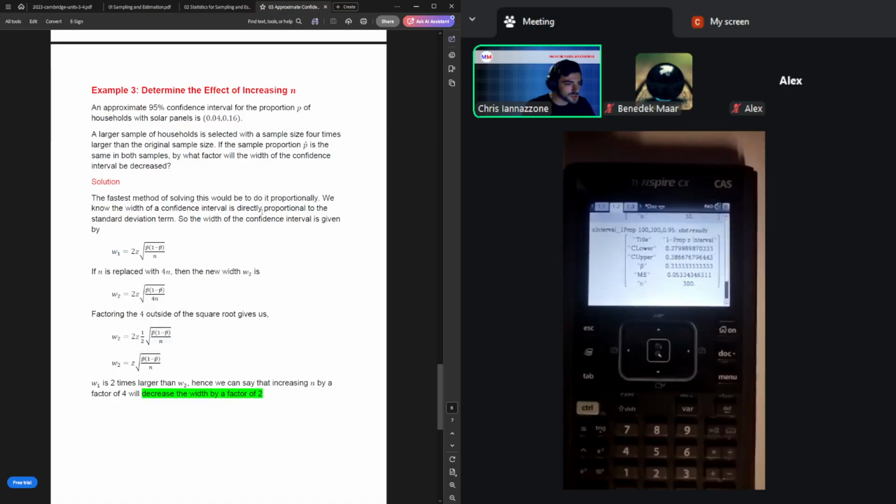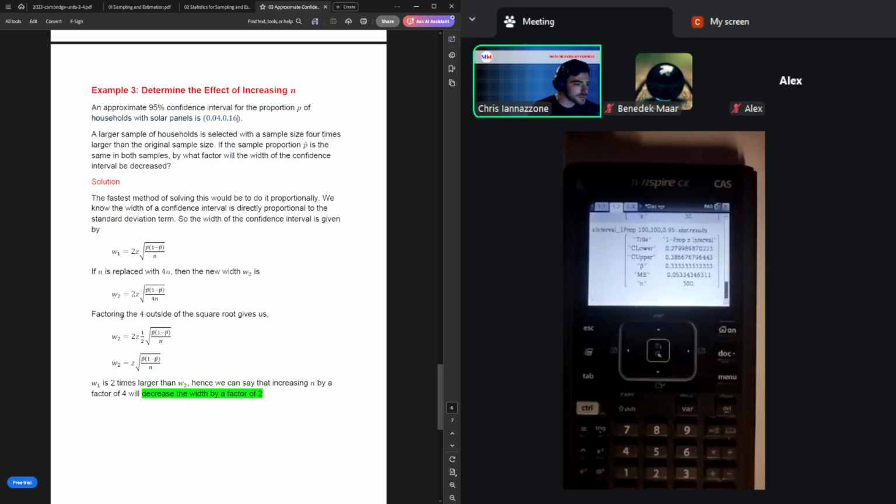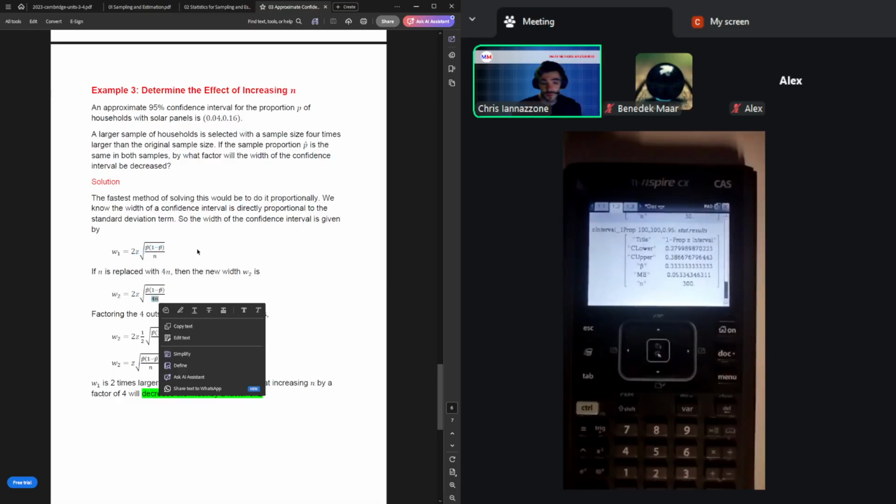I've called it width 1 specifically because I'm referring to the initial sample that we have. With width 2, I am now doing the exact same thing, but introducing the new information. It's that I now have a 4 times n, a 4 times bigger sample size than I did before. So the equation's basically the same, except n is now being replaced with 4 times n.